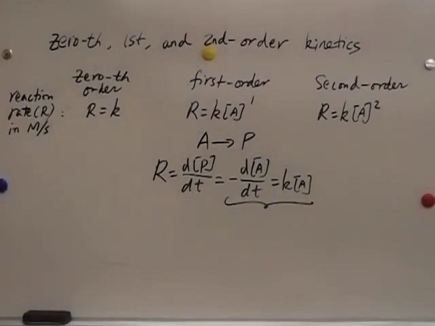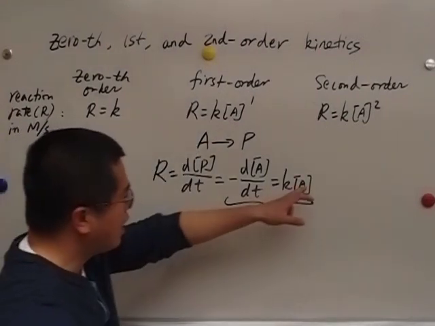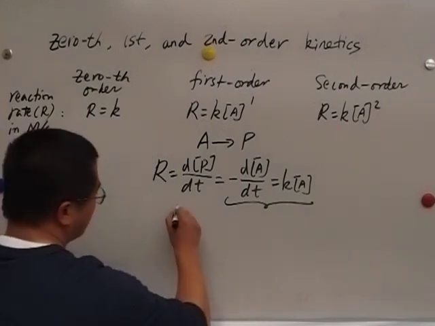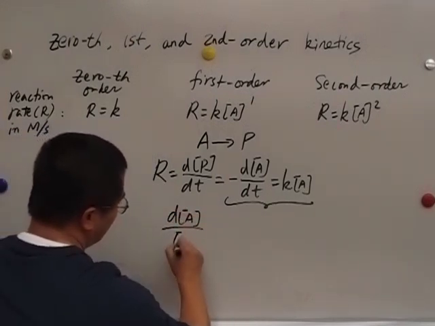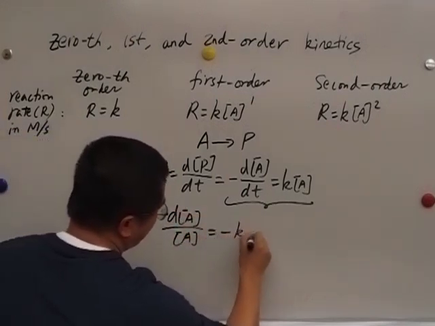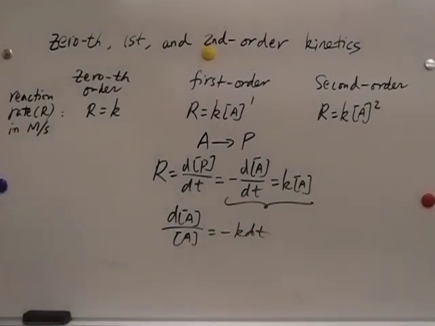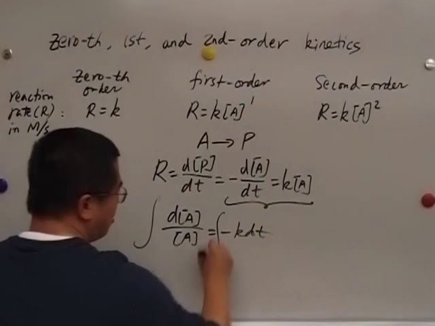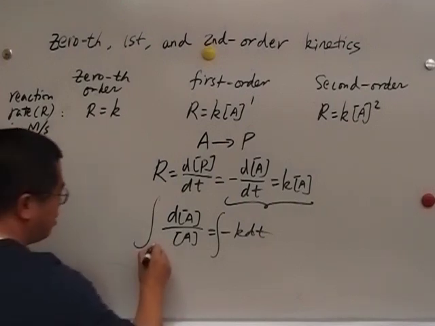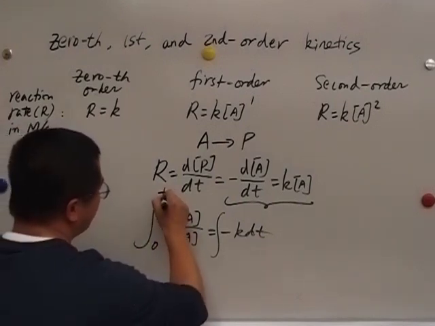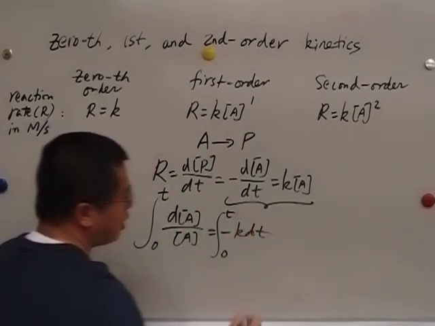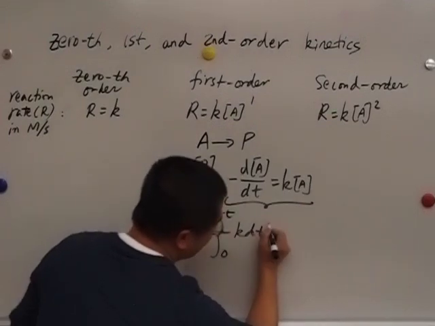We will separate the two variables, A and t. Okay? And then we will integrate both sides from time 0 to time t. And again, this t is a dummy variable.